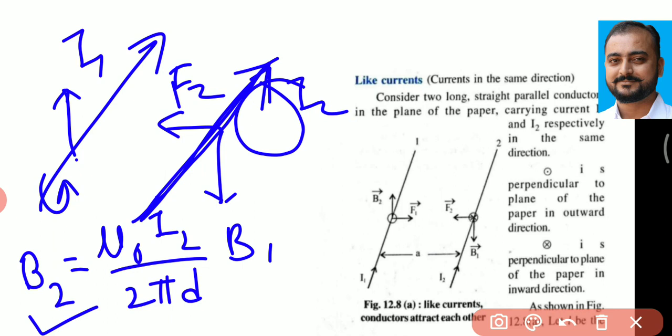Imagine conductor 2 is held in your right hand in such a way that the thumb shows the direction of flow of current I2 from conductor 2, and the curled fingers show the direction of the magnetic field produced.